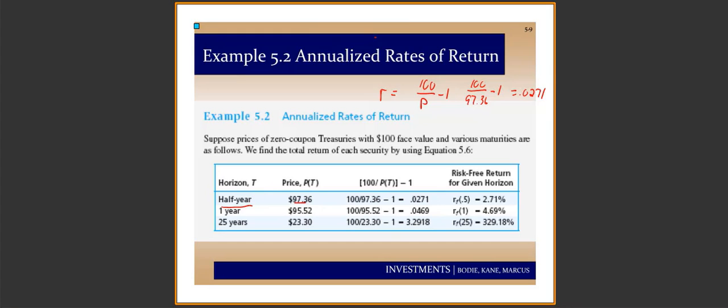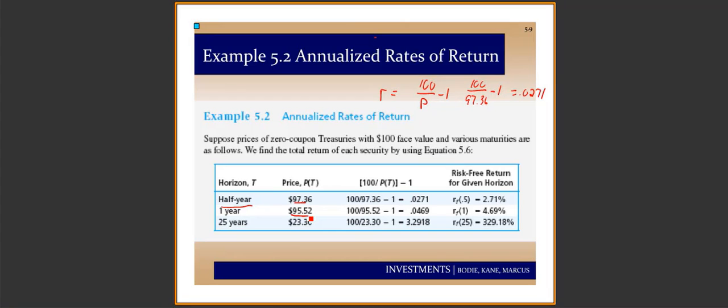So the semi-annual rate, because this is a bond that has half a year until it matures, if we buy that bond for $97.36, we hold it for 6 months, it's going to grow to 100. Essentially, the rate of return we're going to earn during that 6-month time period is 2.71%. That's not an annualized rate. That's simply the rate over that 6-month period.